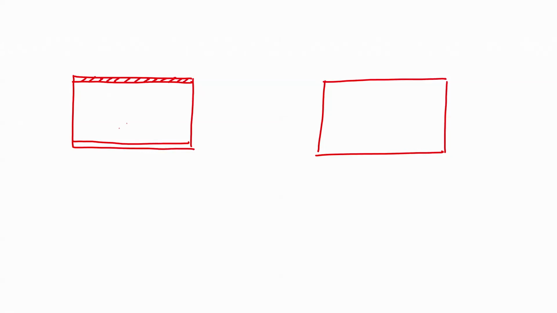The first schematic should be an oxidized silicon substrate on which there is a micro heater. So, let us draw the micro heater. On the micro heater there is an insulator.